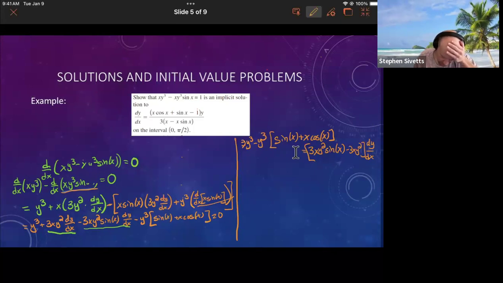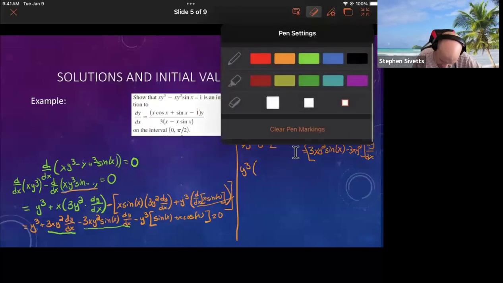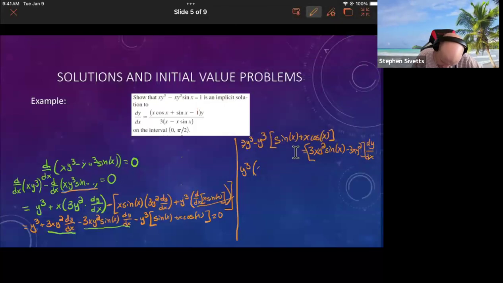So we'll have a y cubed times 1 minus sine x plus x cosine x. Hold on a second, I gotta be careful.